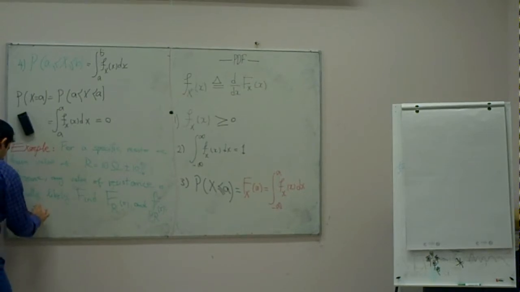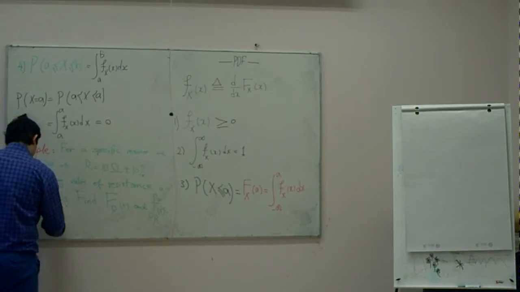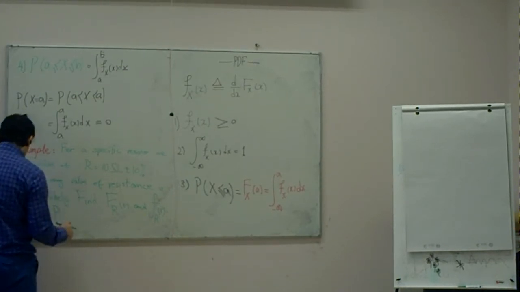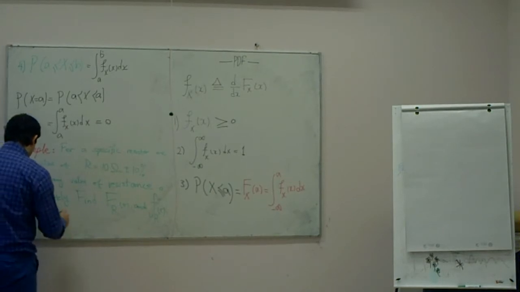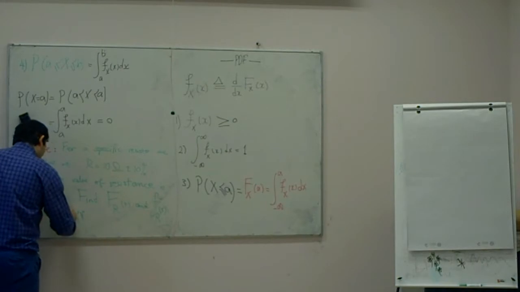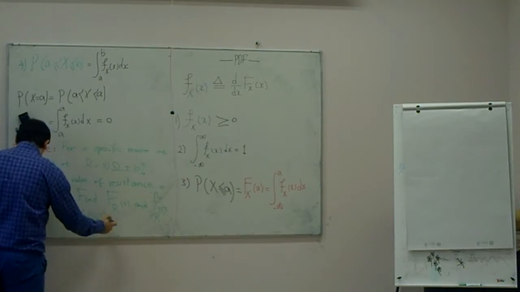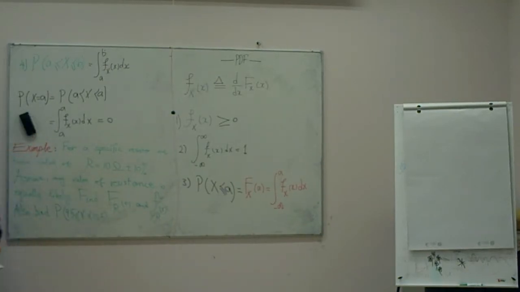Also, find the probability that a resistor selected at random has a value between 9.5 and 10.5 ohm. So I wrote it in a mathematical form, but I read it as a sentence.